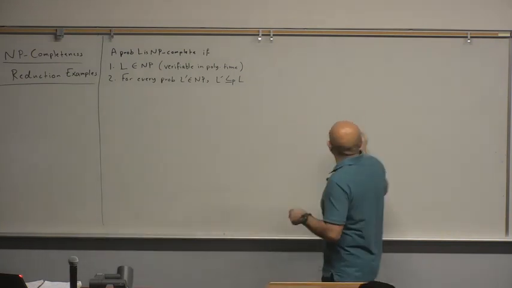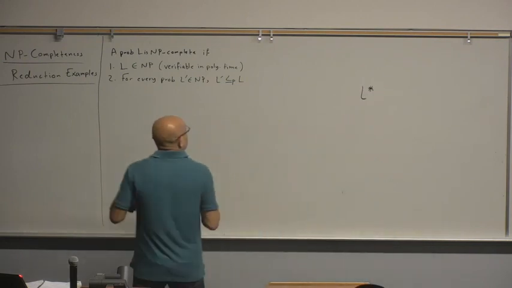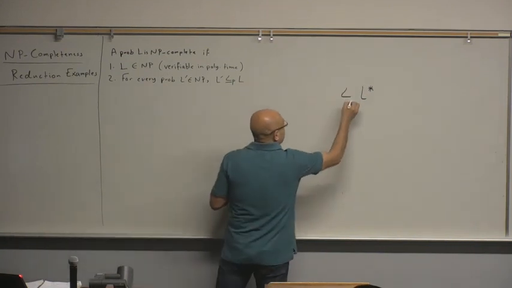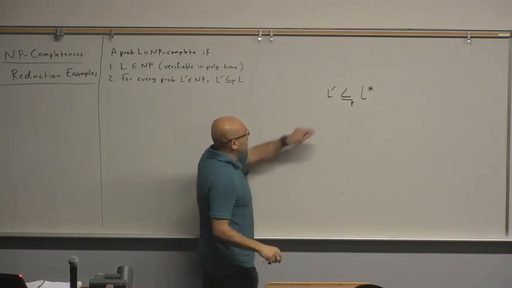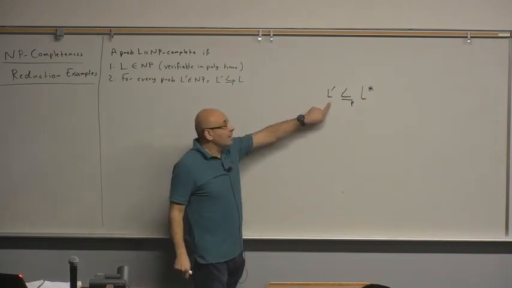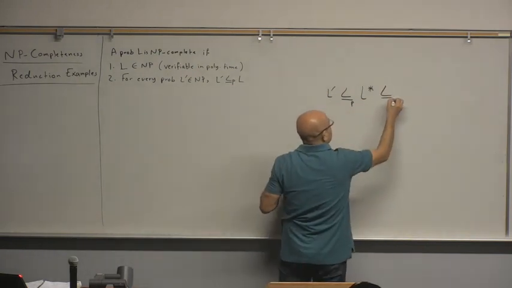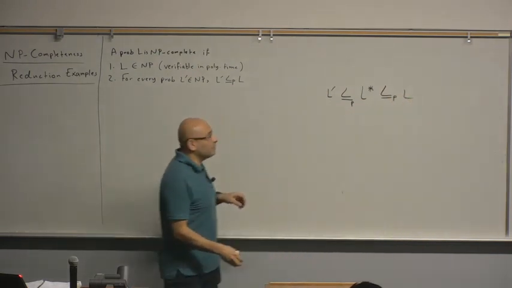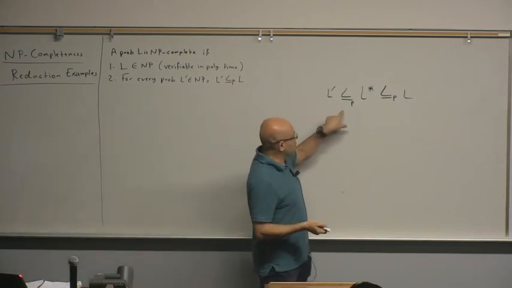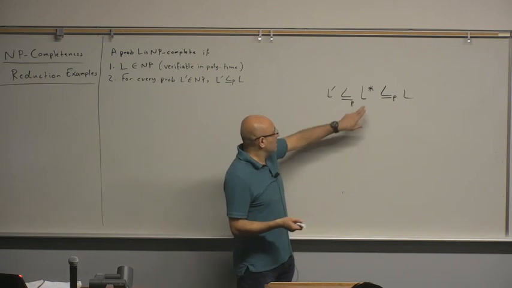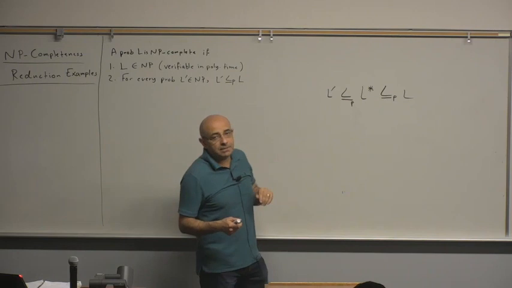So if I have a problem L star that is known to be NP-complete, so I know that L prime is polynomially reducible to L star for every L prime in NP. Now, if I can take L star and reduce it to L, then I have proven that every problem in NP is reducible to L, because L star is at the highest level of difficulty in NP.